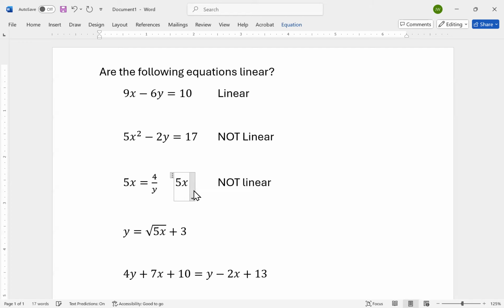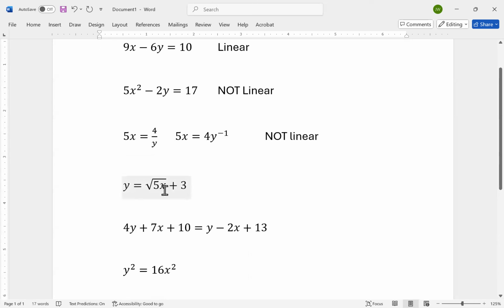I could have written this as 5x equals 4 times y to the negative first power. If I write the y in the numerator, I get y to the negative 1 power. So that is not linear. That's one of the trickier things, and that's what I was talking about by saying we want to make sure our variables are in the numerator raised to the first power.